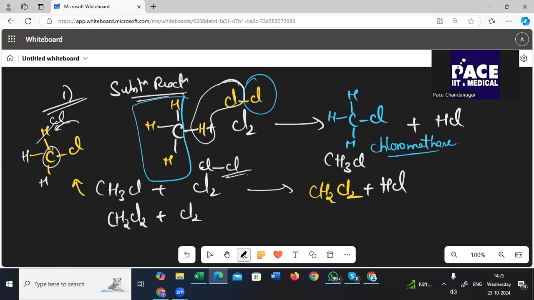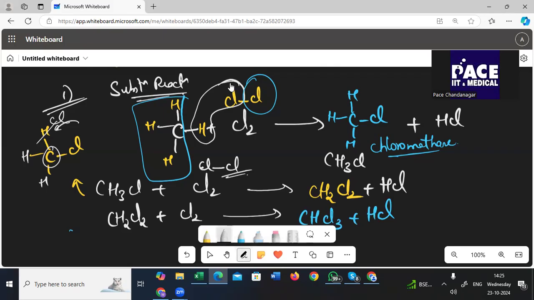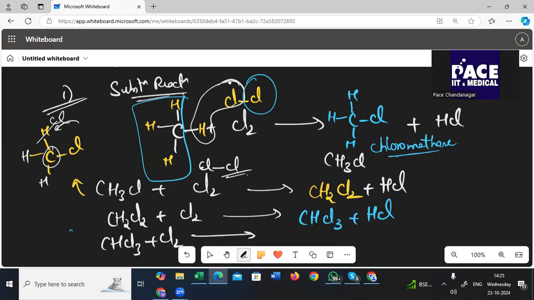Now if I add Cl2 again, what you have to do is reduce one hydrogen and increase one chlorine. So it becomes CHCl3 plus HCl. Then CHCl3 plus Cl2 gives us what? Another hydrogen comes off and is substituted by chlorine, so it is CCl4 plus HCl.